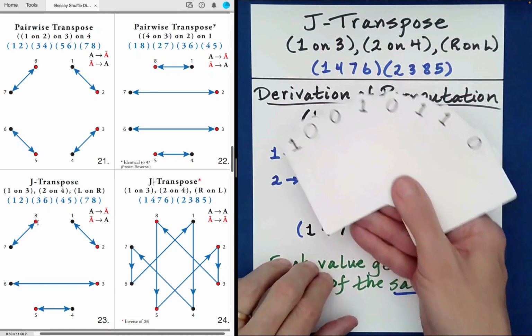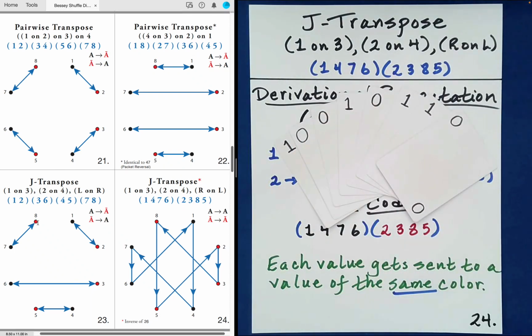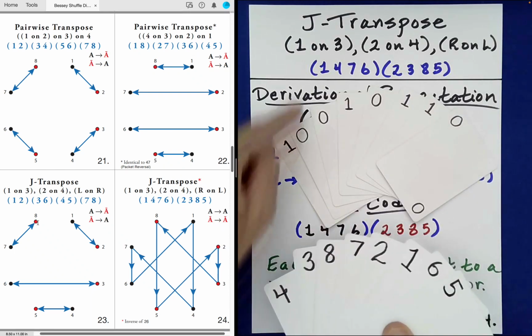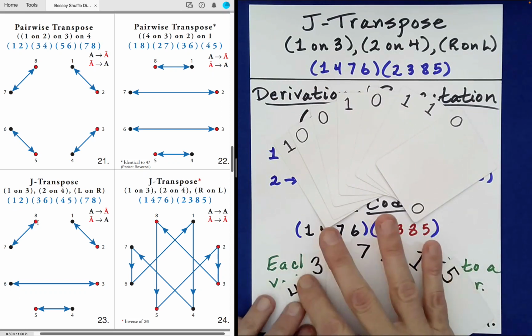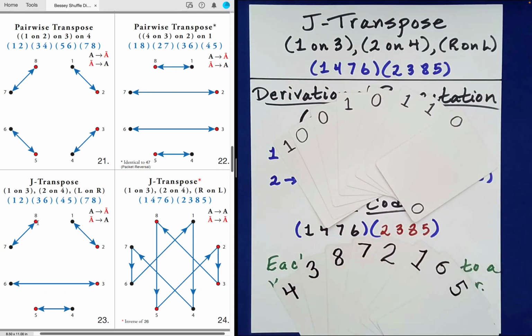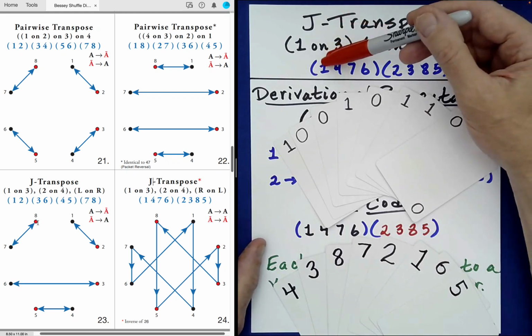And so I'm going to go ahead and just set this down. And then I'm going to also put down the sequence that we just got earlier that led to the cycle notation up above for our permutation. Okay, I just want to make clear what has happened here. So going all the way back to the introductory video in this series devoted to Bessey Shuffle diagrams, remember, how do we interpret this?